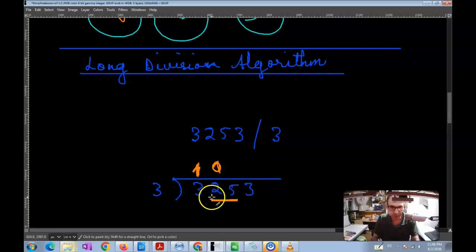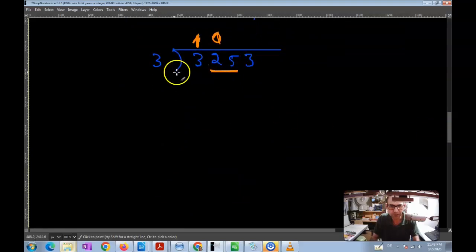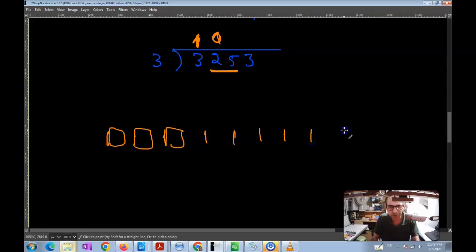So now I have 25 groups of 10, and I want to know how I can divide them among the three groups, which means 1, 2, 3, 4, 5, 6, 7, 8, 9, 10, 11, 12, 13, 14, 15, 16, 17, 18, 19, 20, 21, 22, 23, 24, and 25.